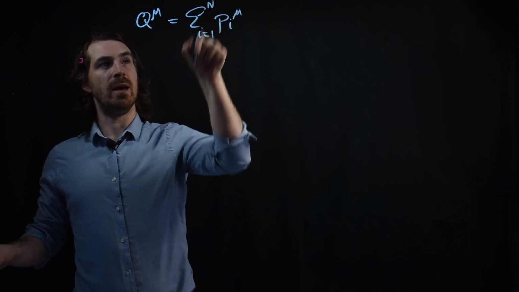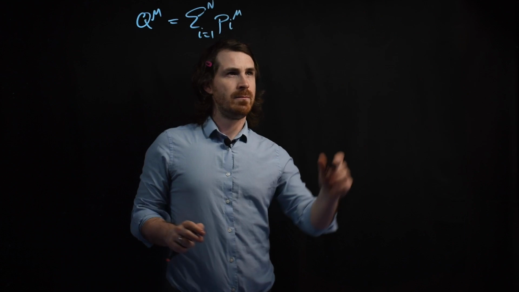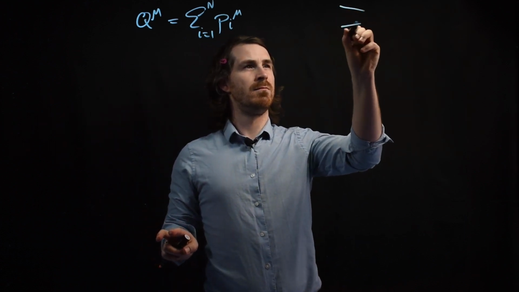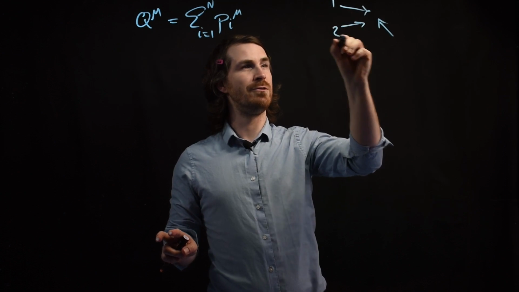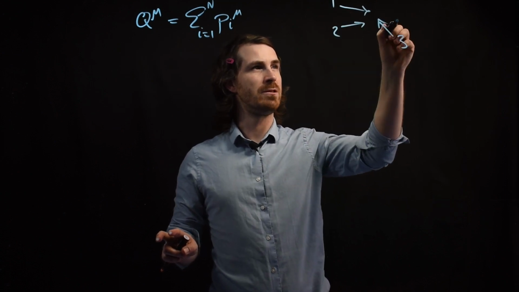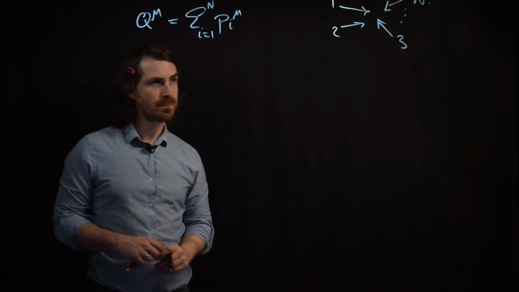So let's say we have n particles initially, 1, 2, 3, 4, etc., all colliding in some way. That's initially.